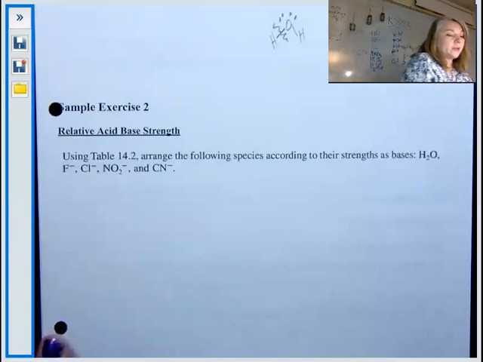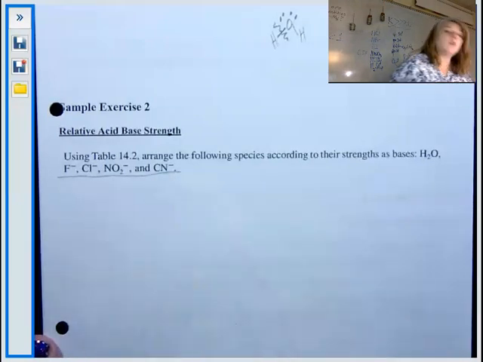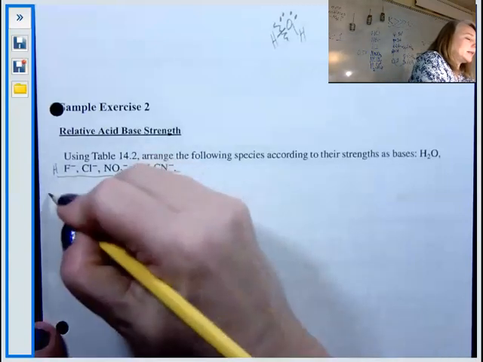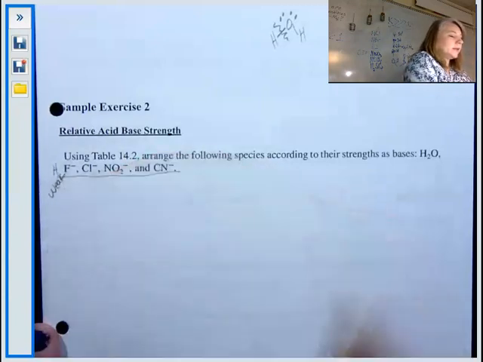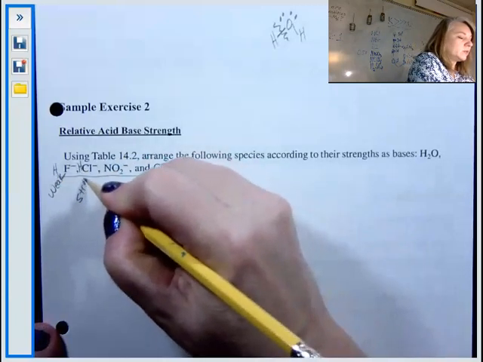Okay, so what we need to do is figure out if these species come from a strong or a weak acid. So if I put an H on front of this, is HF one of our strongs? No, so it comes from a weak acid. Okay, is HCl one of our strong? Okay, so I'm just going to write strong behind it because it comes from a strong acid.